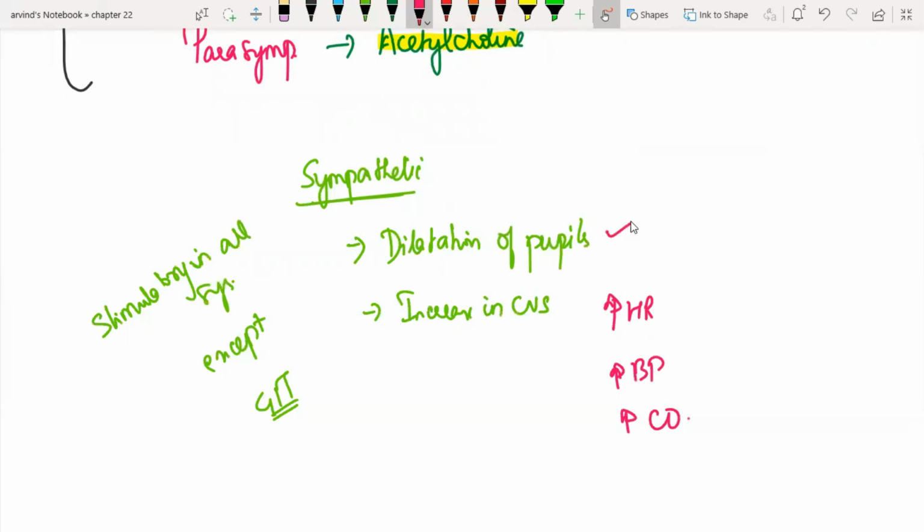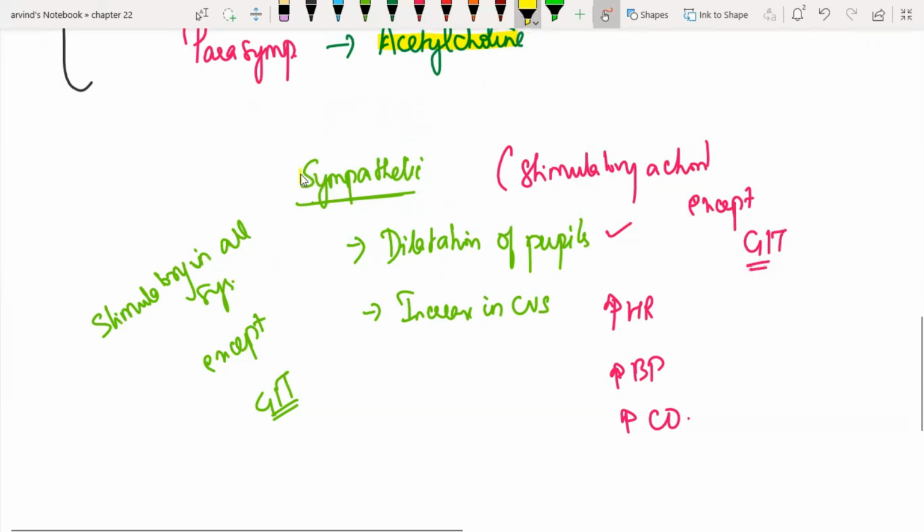Dilatation of the pupils. So almost it is concerned with stimulatory action, in all the systems except gastrointestinal. You can remember something like S for S: sympathetic is stimulate. So these are the things that you must know with respect to the adrenal medulla.